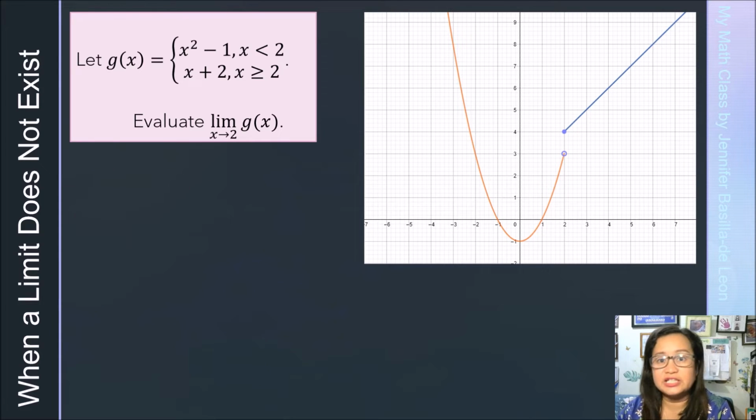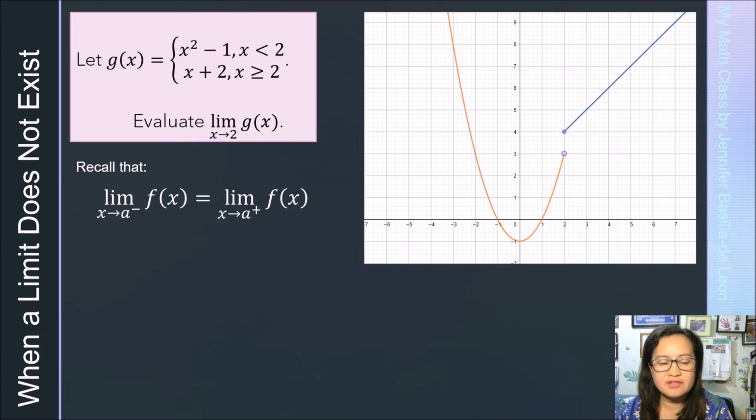Recall that in order for the limit to exist, we arrive at this statement: the limit of f of x as x approaches a from the left should be equal to the limit of f of x as x approaches a from the right.